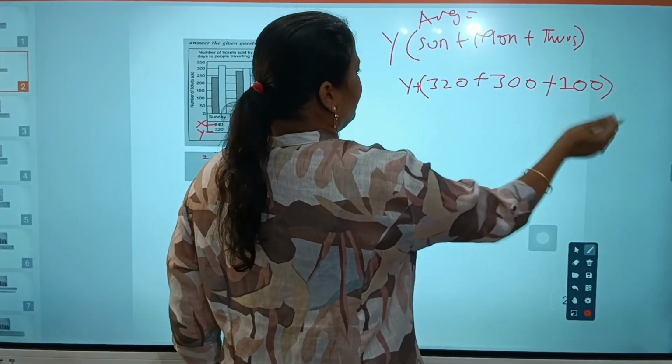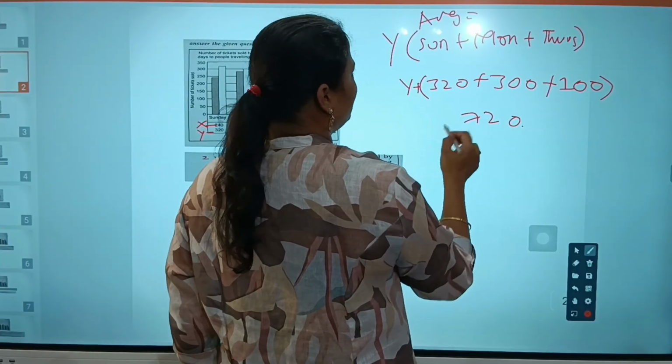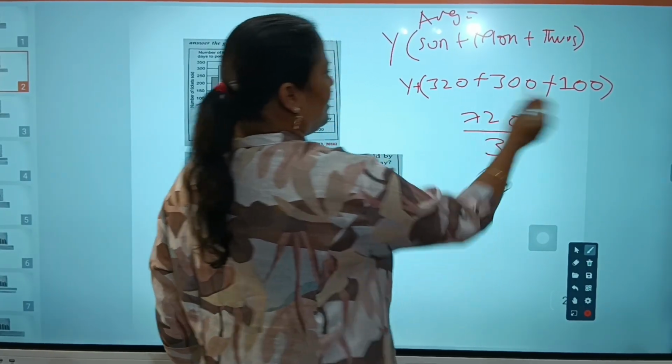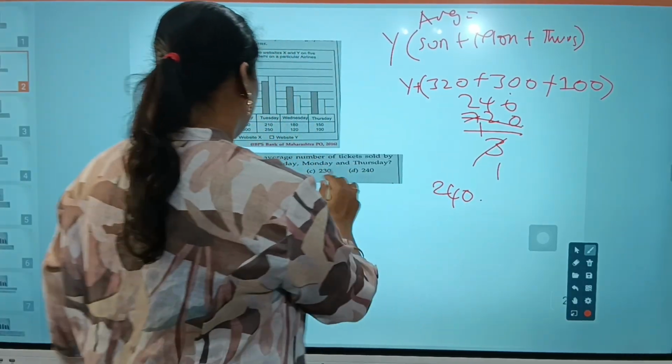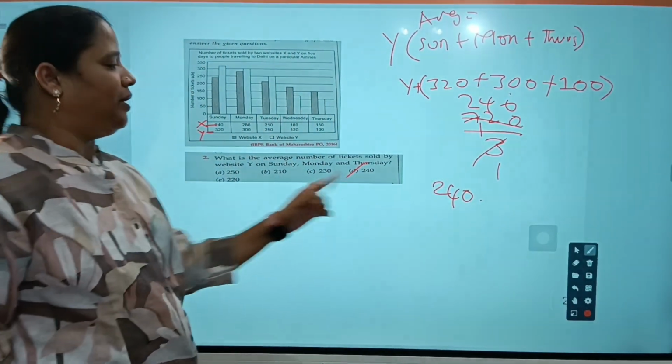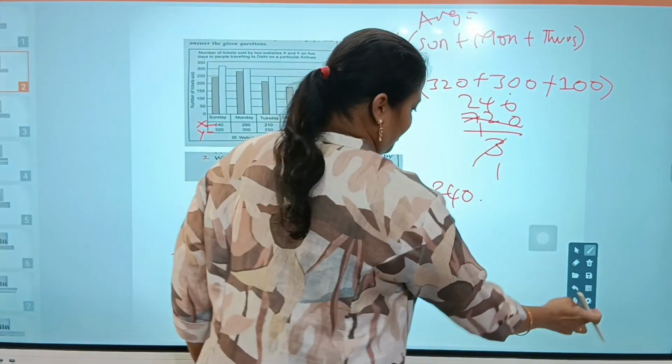So it is coming 720. Average means divide by 3. 3 ones are 3, 3 twos are 6, so 240. So the average number of tickets is 240. The answer is D.